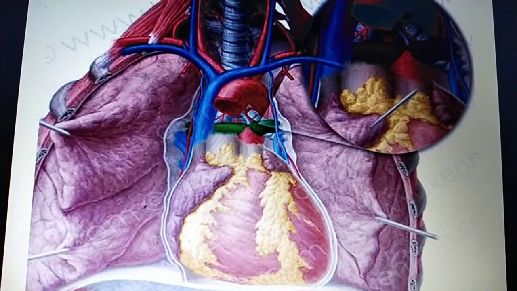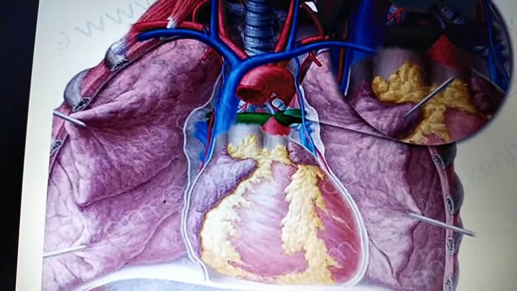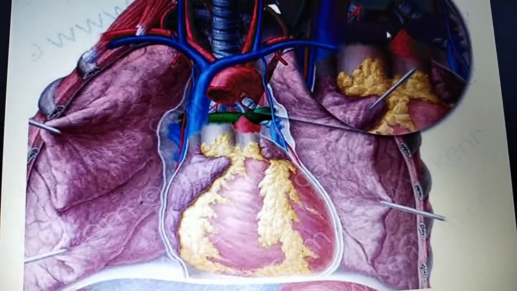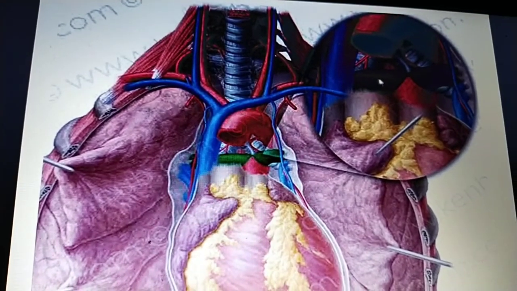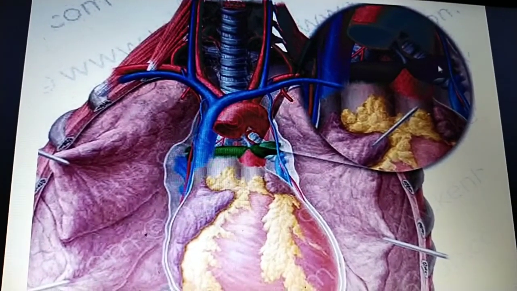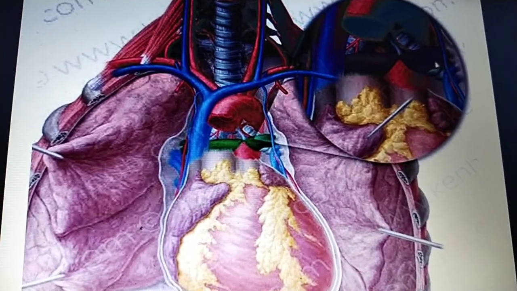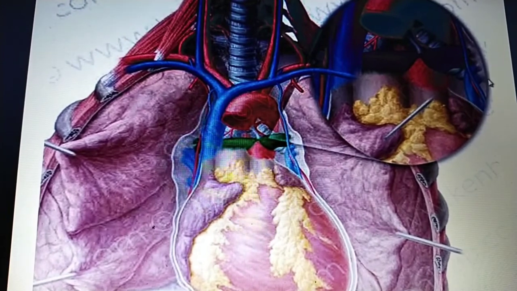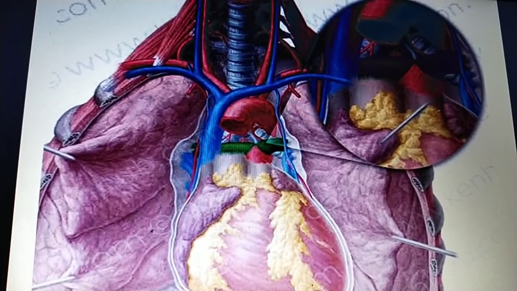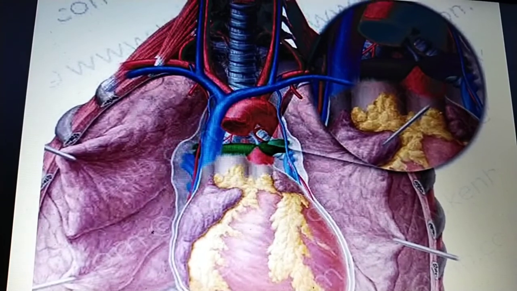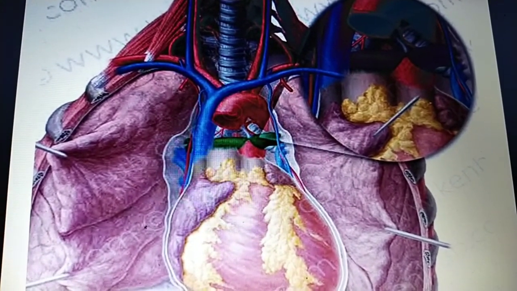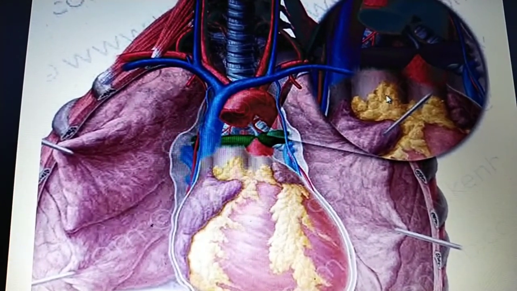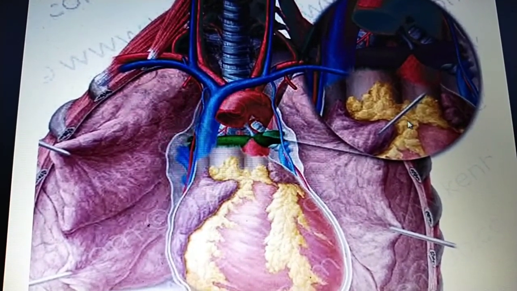The right pulmonary artery is longer and wider compared to the left pulmonary artery, which is shorter and narrower, because the heart is present just left to the midline of the body.